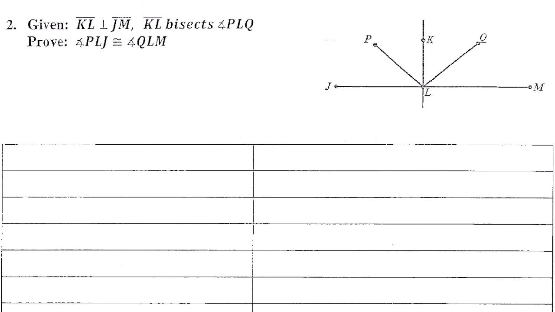And so you're going to basically set this sum equal to this sum. And then you can use some subtraction, as well as the angles that you prove to be congruent, to get down to this right here, okay? And you'll get down to the measure of PLJ is equal to the measure of QLM, and then you'll have to use the definition of congruence to put them back into angles that are congruent, okay?